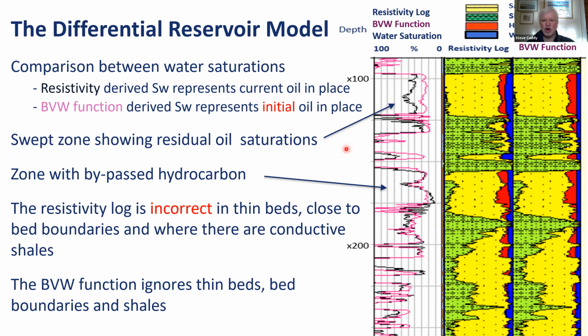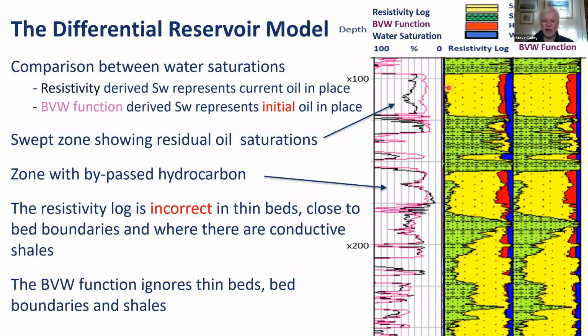And this represents the current oil in place because you took the logs yesterday. So you're comparing yesterday with millions of years ago. So you can use this to have a differential reservoir model. The resistivity log is shown in track 2, where the BVW function is shown in the right-hand track. So by comparing the two, it gives you a wealth of useful information.